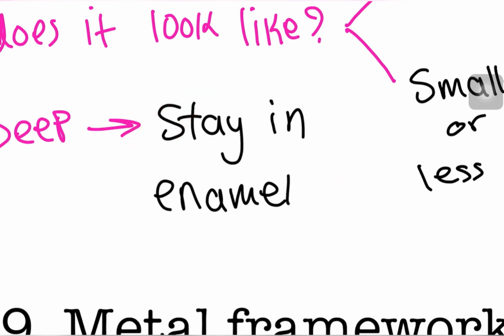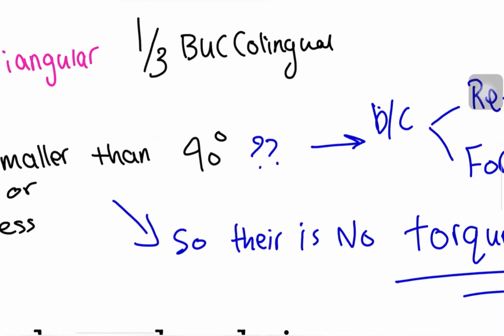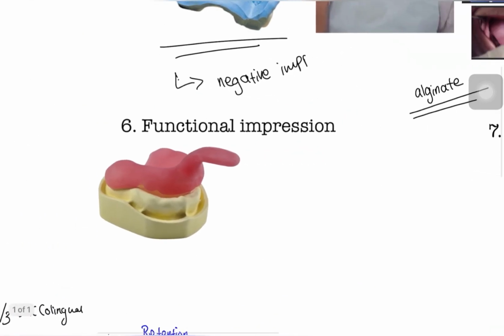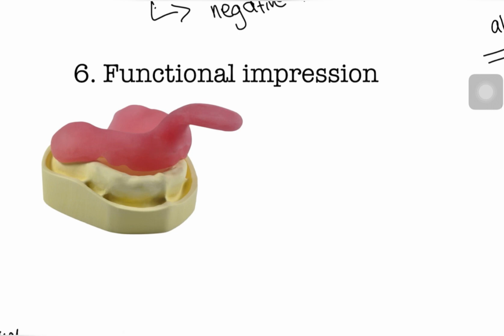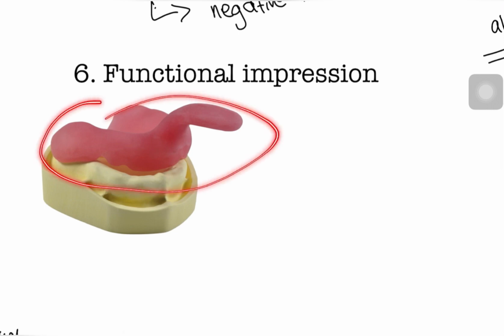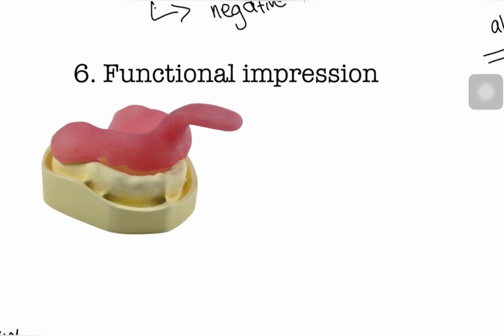Remember that. Okay? Now we're going to move to the next step, which is the functional impression. In this step, we already talked about it. We said that this is a light-cured acrylic. It's also called an individual tray.